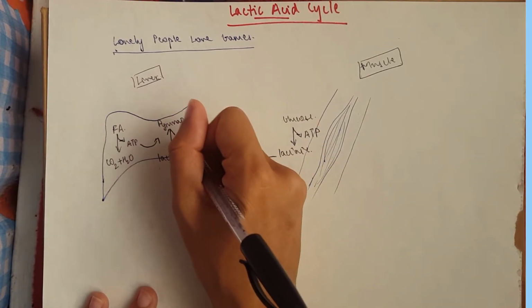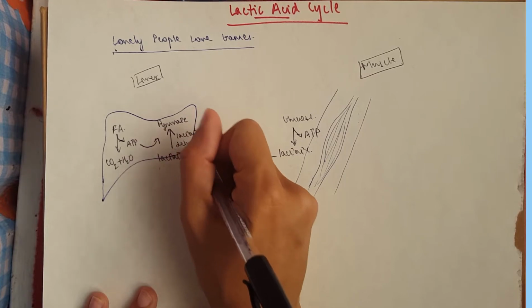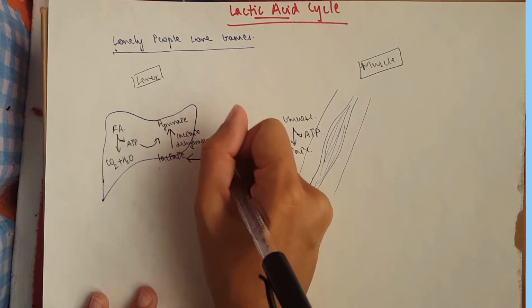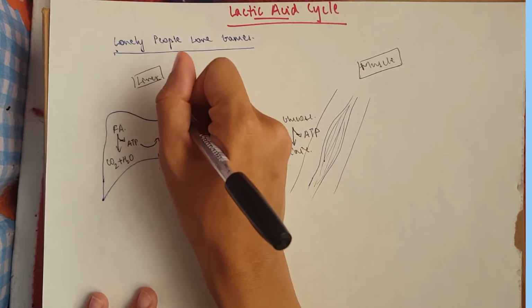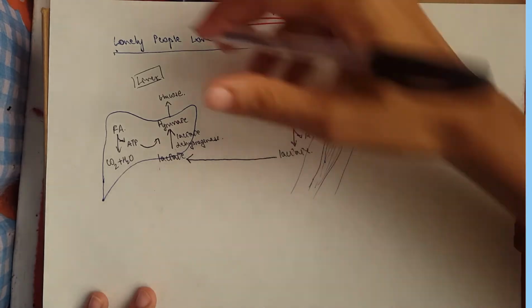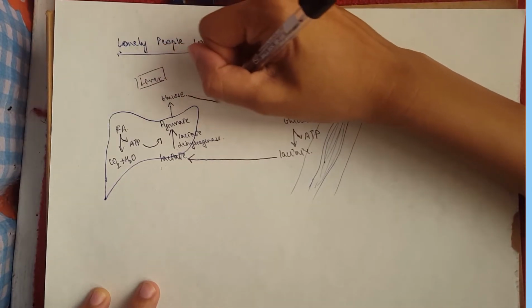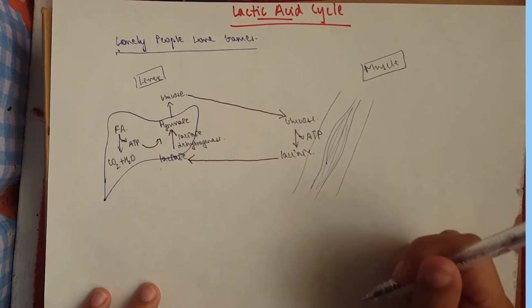And this pyruvate is converted to glucose through hepatic gluconeogenesis, and this glucose goes back to the muscles where they can use it up again.